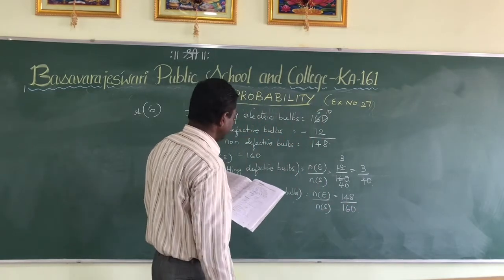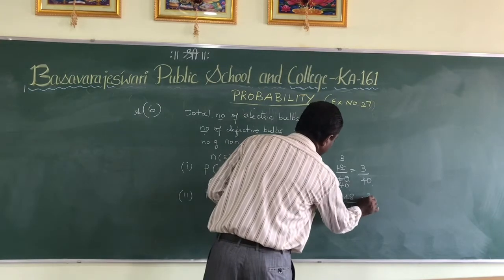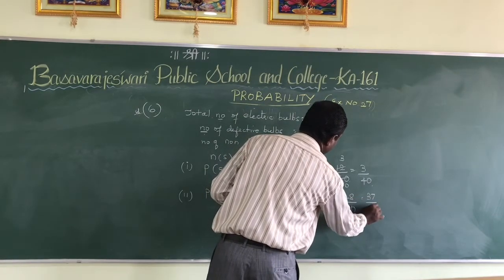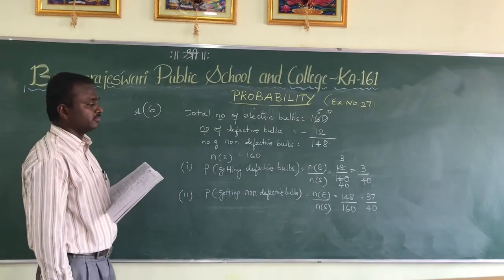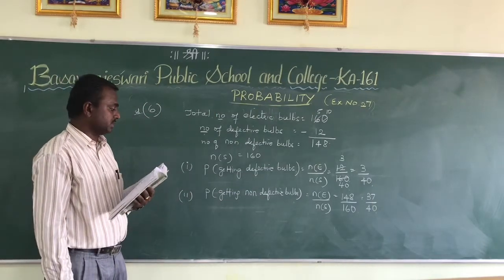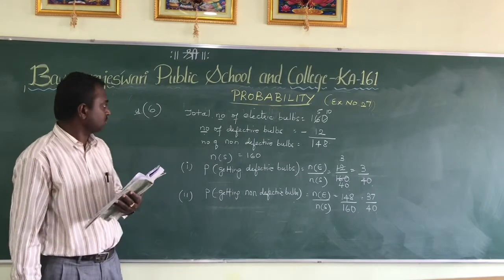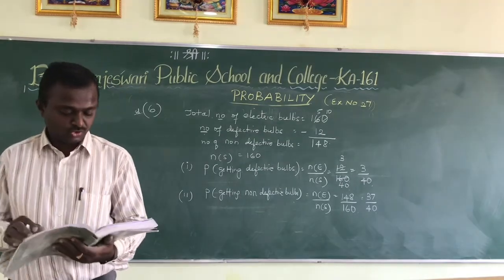So if you simplify this, how much will you get? 7 by 8. So this is the answer for question number 6. So take it down.